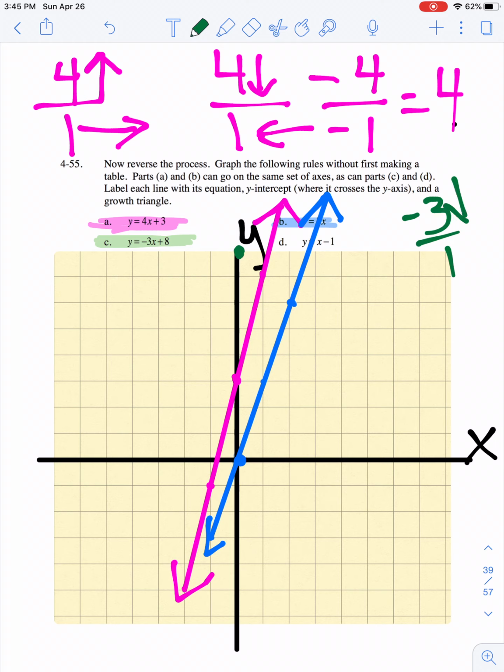So that means we're going to go down, and 1 is positive, so we're going to go right. Okay, so the minimum number of points we need is 3. I usually just go with 4. It makes my line more accurate, only if you plot it accurately.